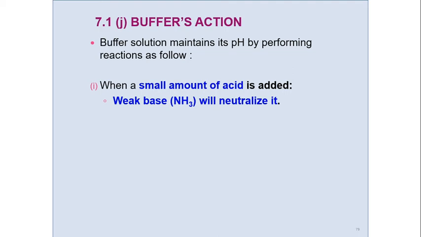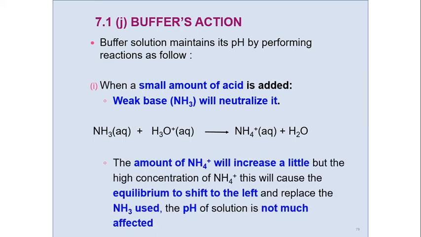So, equation NH3 plus acid yang kita tambah H3O+, dan dia akan produce NH4+ plus H2O. The amount of NH4+ will increase a little. Daripada equation tindak balas tadi, concentration of NH4+ akan bertambah.